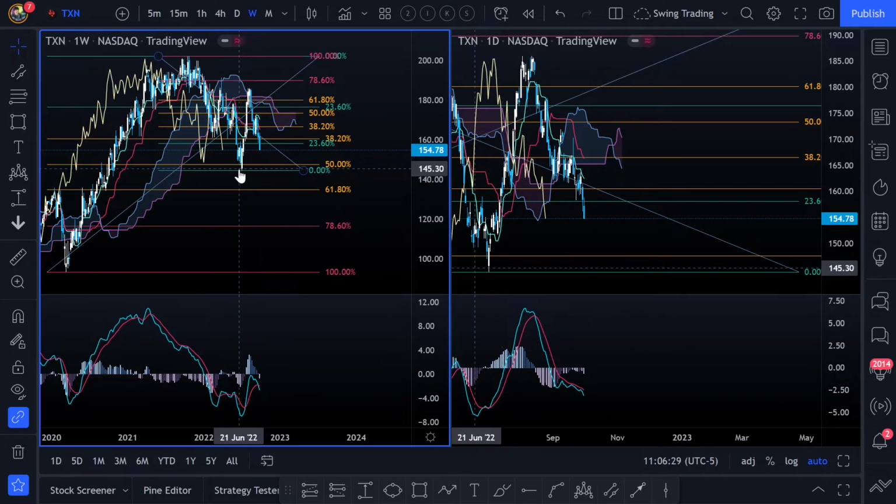And the first target is this previous support, which is close to the 145 level.